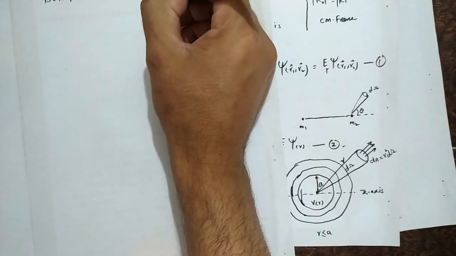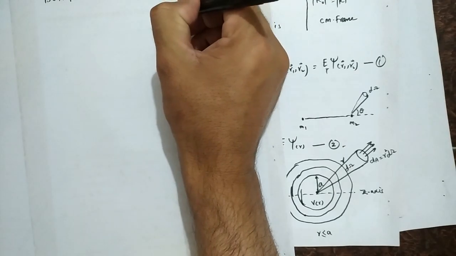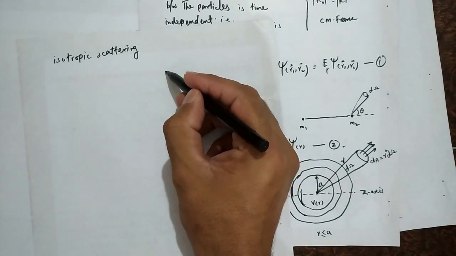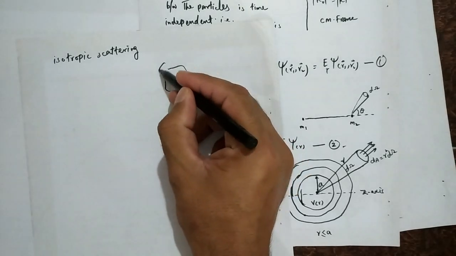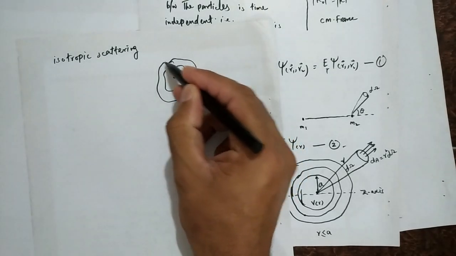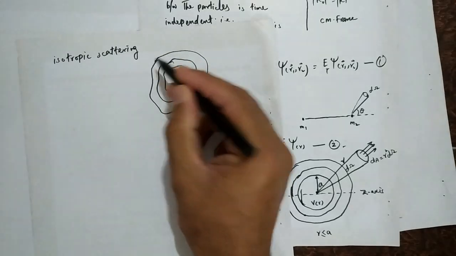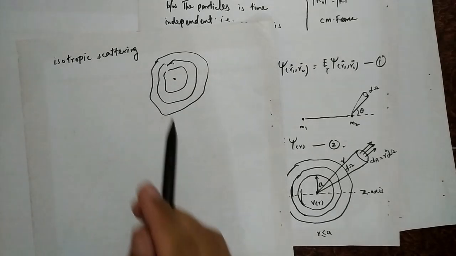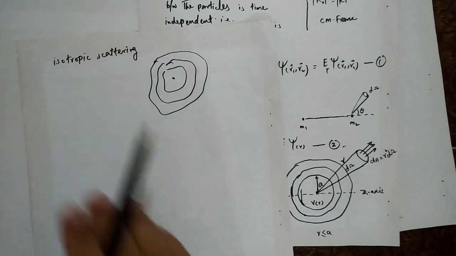That will be asymmetrical. So in that case the outward scattered wave would be like in this form, which might not be a symmetrical spherical wave. So we have assumed that the scattering is isotropic scattering.